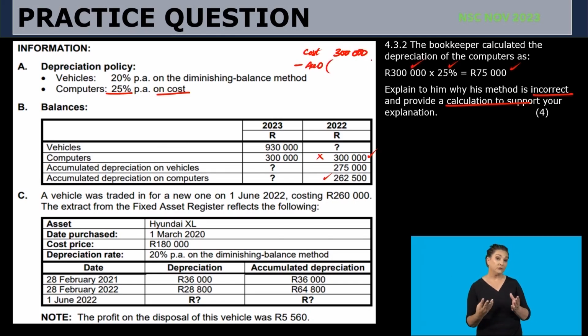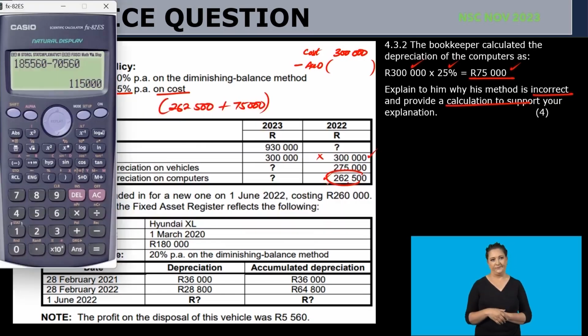And my accumulated depreciation is no longer 262 because the bookkeeper has calculated 75,000 for me. So I would now say 262,500 plus the 75,000. That is what I would then do. That would give me 337,500.